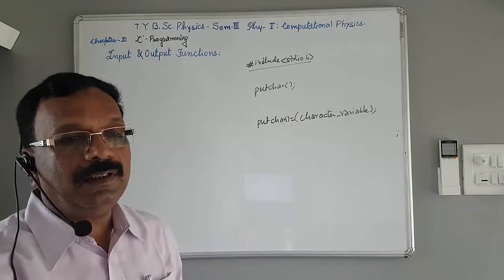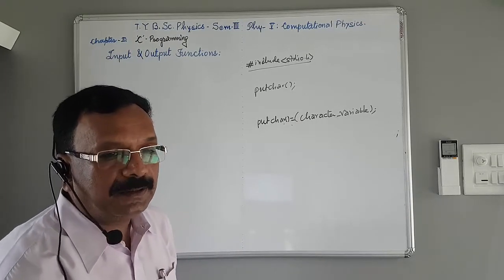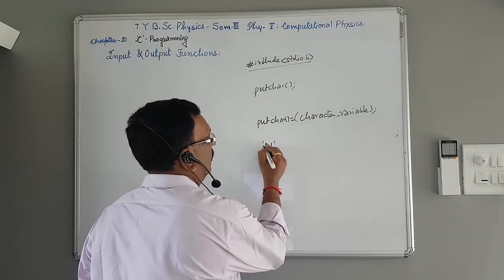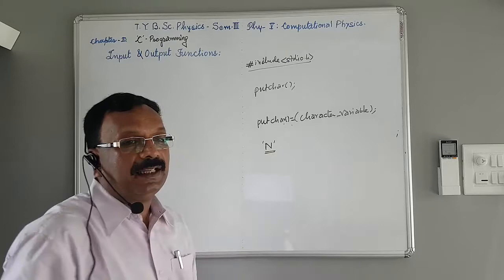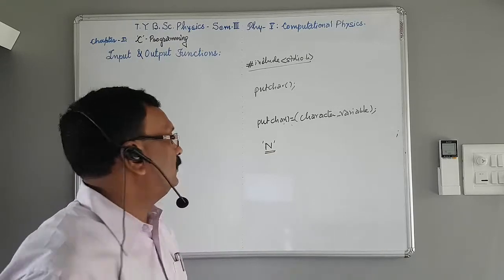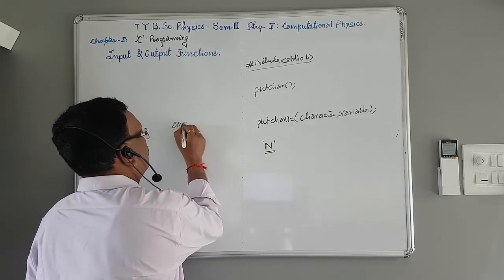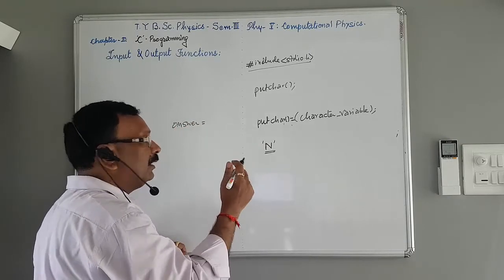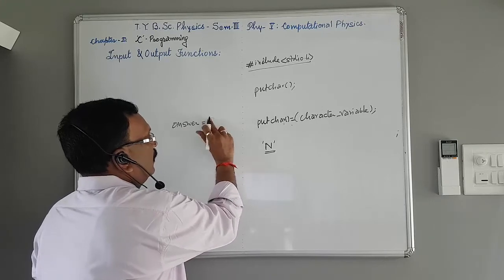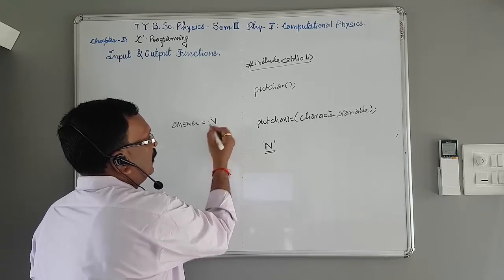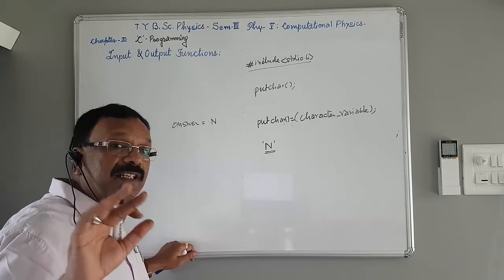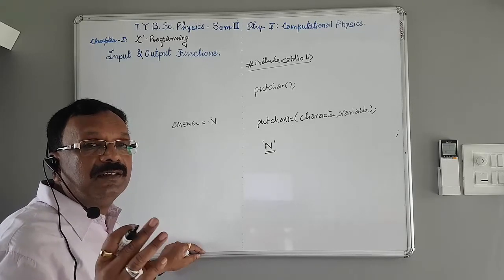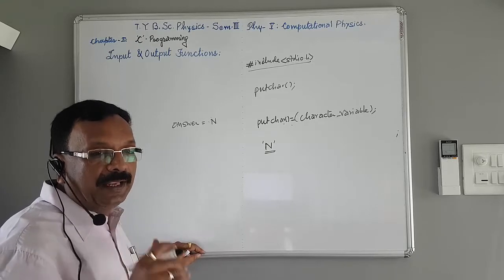Okay. Then suppose we want to supply a single character n. Suppose the answer is no, and for this purpose, if the answer is no, then the computer should transmit the character n on the screen, and if the answer is yes, then the computer should transmit the result on the screen like y.